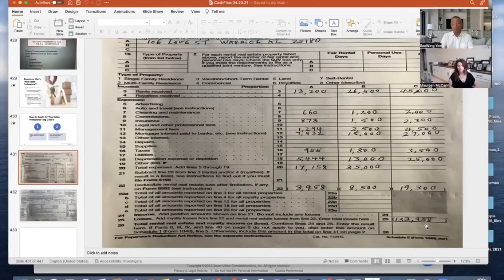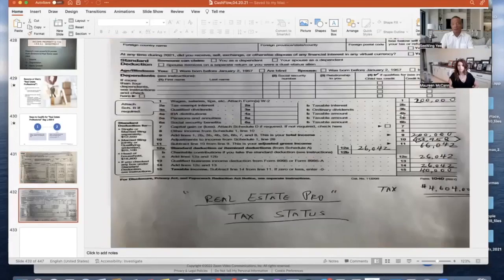So this $133,958, if this individual is not a professional in IRS tax status, you can only use it if the spouse makes less than $150,000. In this example, the working spouse makes $200,000, so it's an ideal world to use the real estate professional status.